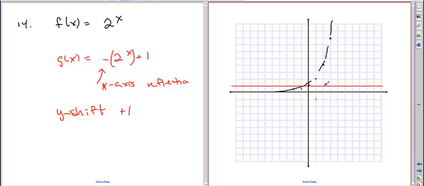Instead of going up 4, we'll go down 4. Instead of going up 8, we'll go down 8. 1, 2, 3, 4, 5, 6, 7, 8. And then the other ones will go 1/2, 1/4 as we approach that asymptote. So this is the parent function, and that's the transformed function.